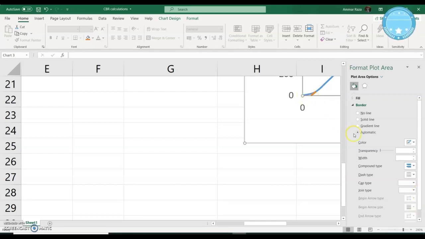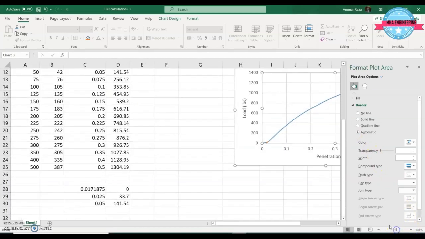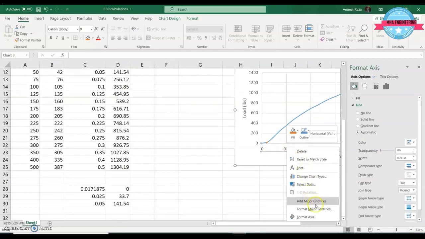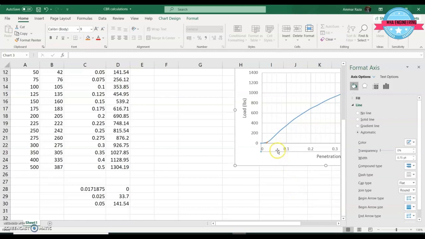So now this point will be our new 0. As you can see, it's currently at 0.075 and a little below 0.02. So this point is now our new 0.